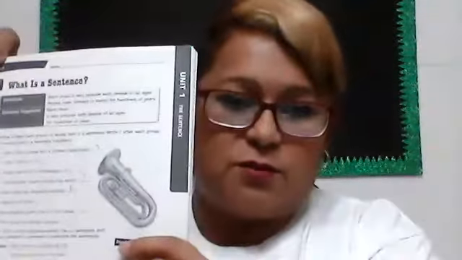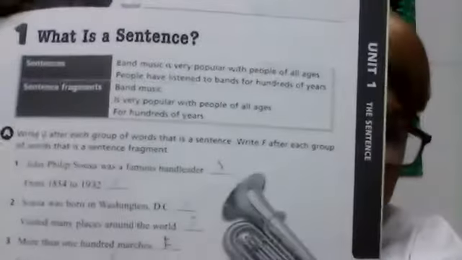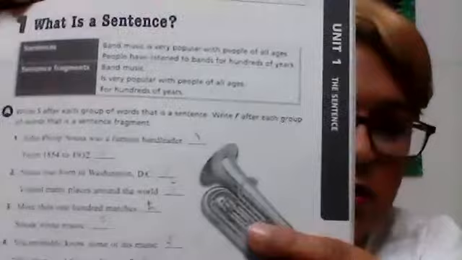Okay. Let's work on the practices. There we have practices and there we have practices too. Here, what is a sentence? There it says that you have to write S for each group of words that is a sentence, and F for fragments. In number 1, you have two options.